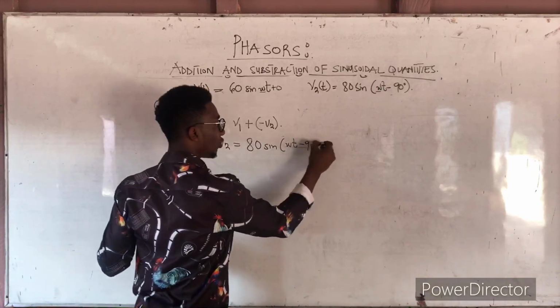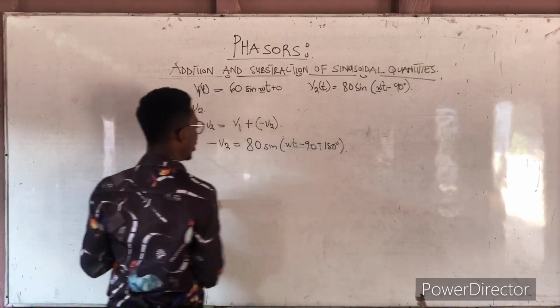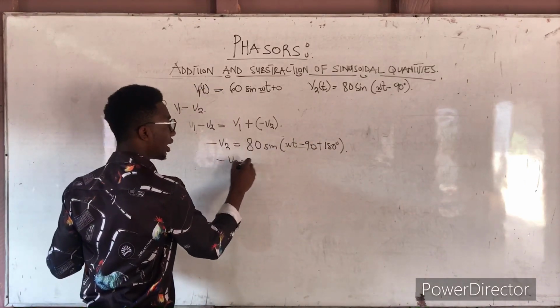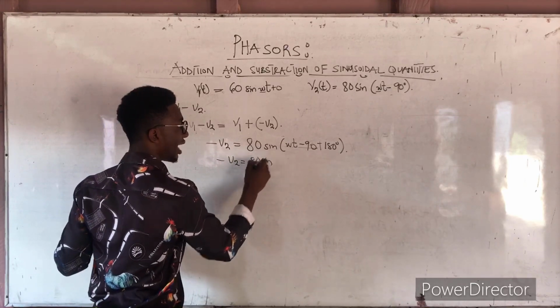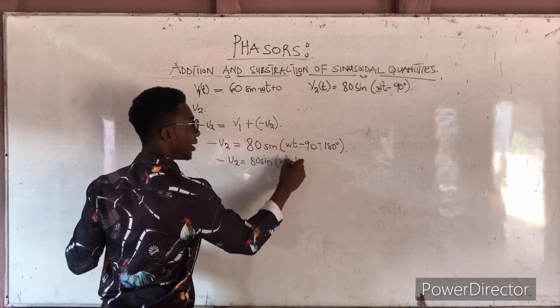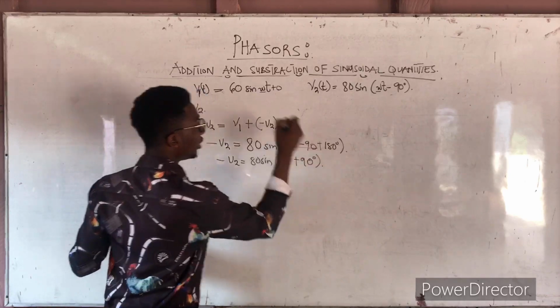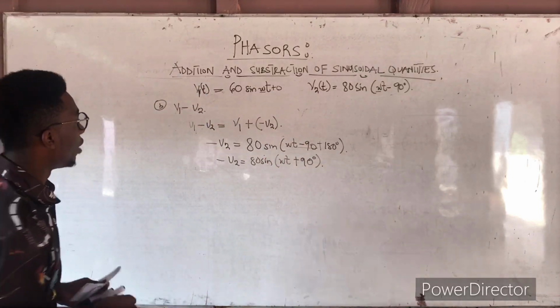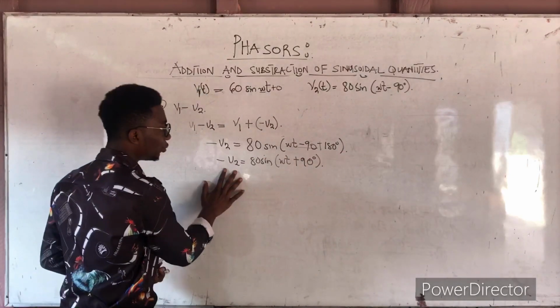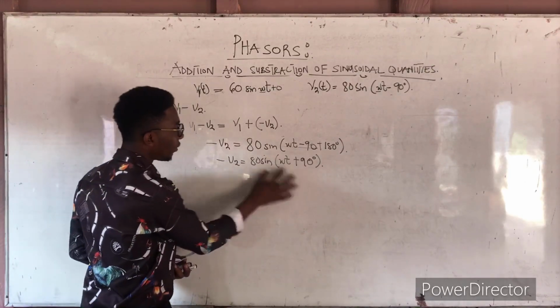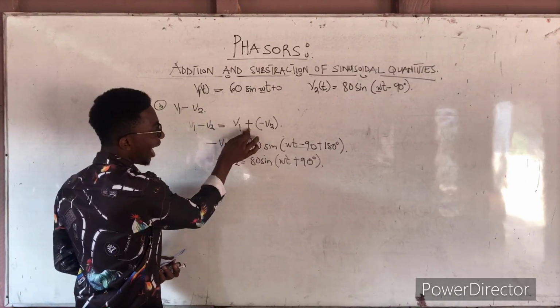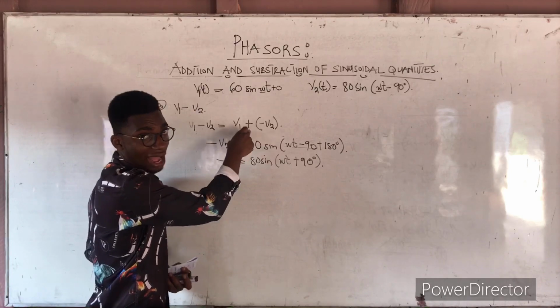So plus 180 degrees. And so the minus V2 will now give us negative 80 sine omega t plus 90 degrees. Okay, so now we have V1 and we have V2. So since we have V2 as this and we have V1 as this, then we can add them now.